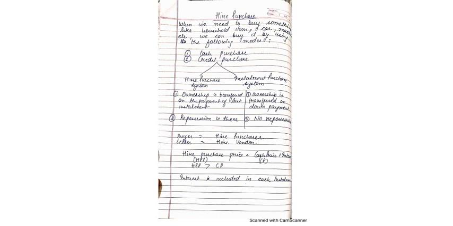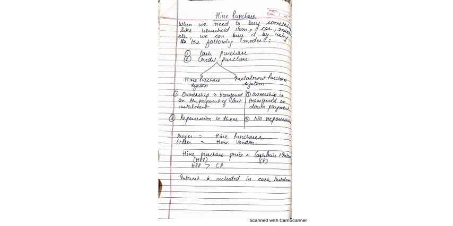Hire purchase price is the sum total of cash price and the interest which the seller is going to charge from the buyer. He is providing a credit period to the buyer, so he is going to charge something in the name of interest, and that amount of interest is divided into various installments, and each installment consists of cash price and interest.